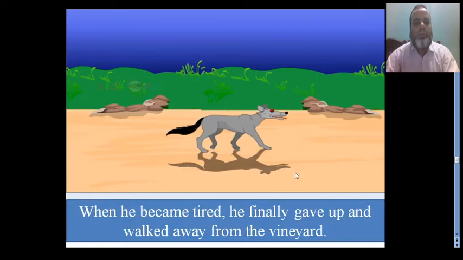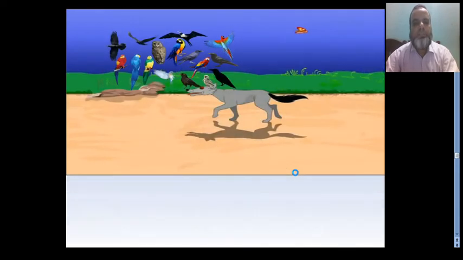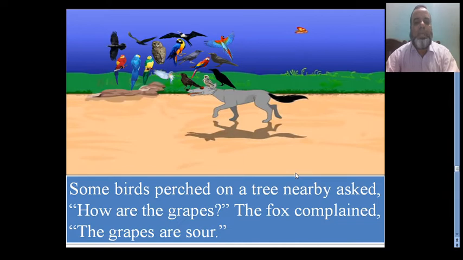So he was tired, and he finally gave up and walked away from the vineyard. He was jumping, and as he was hungry, he became very tired, and finally he gave up his hope and walked away from the vineyard. In the meantime, some birds perched on a tree nearby asked.